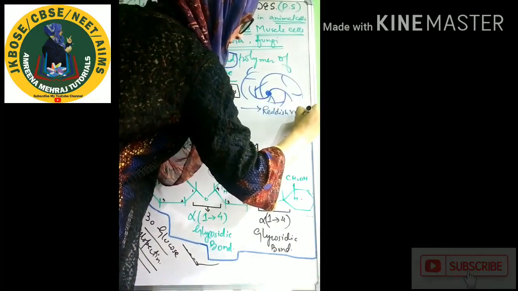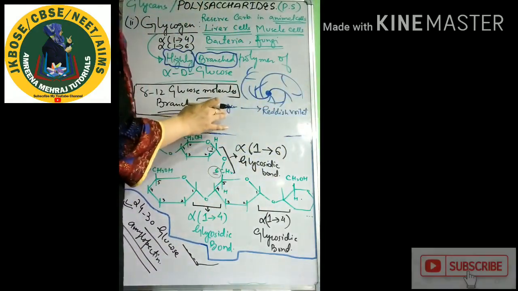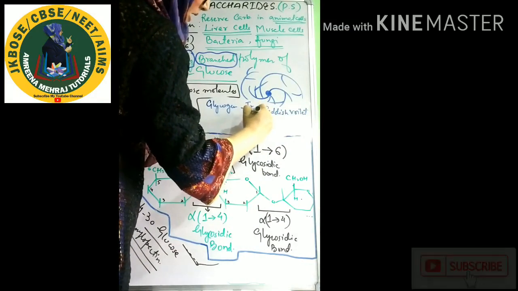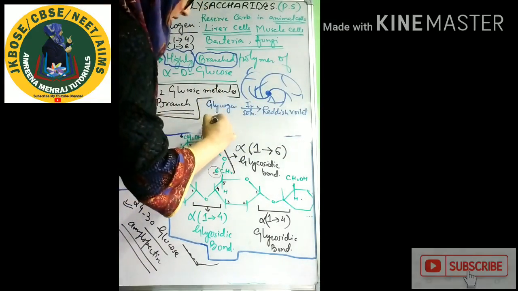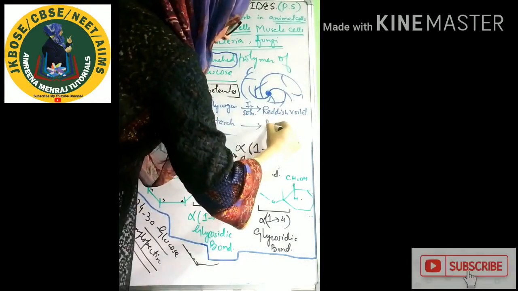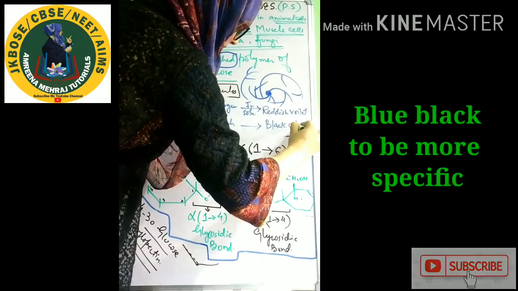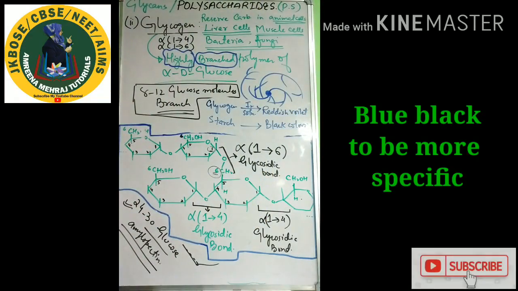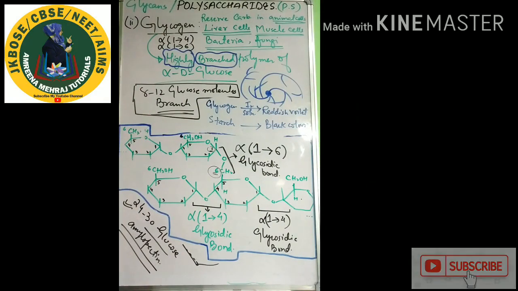So these are some detection tests. It will be reddish violet color on using iodine solution. If you do the same test with starch, that is going to give you black color. This is how you can do the detection of these homopolysaccharides, both starch and glycogen.